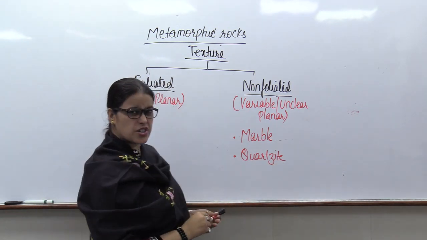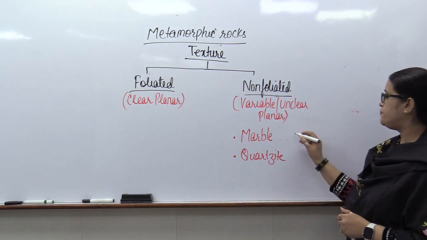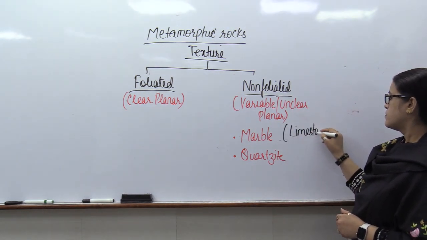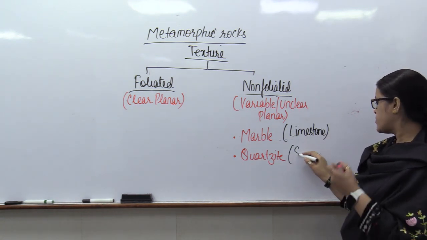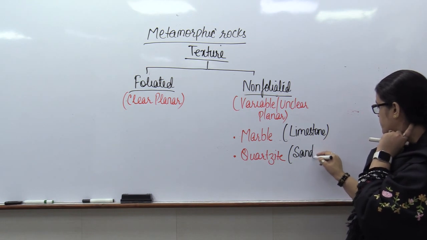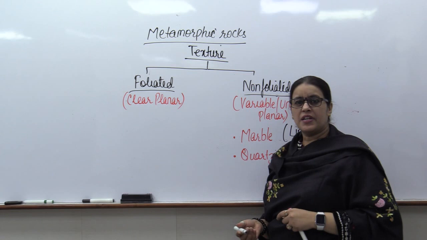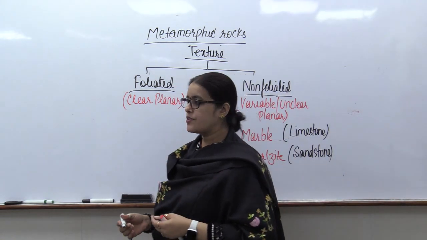Marble is essentially a metamorphized form of limestone, and quartzite is essentially the metamorphized form of sandstone. But when I say that the metamorphic rock has foliated characteristics, then what characteristics do we apply?